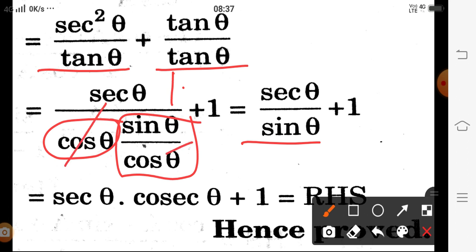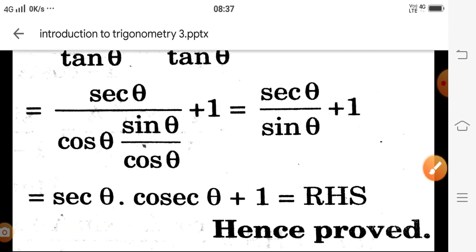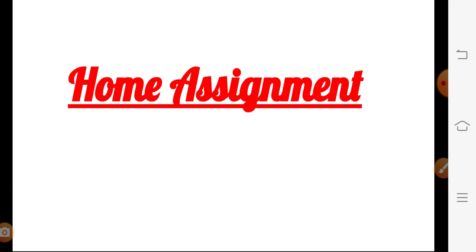Then cos will get cancelled out, and we are getting sec theta upon sin theta plus 1. And 1 upon sin theta is cosec theta. For this reason we are getting sec theta into cosec theta plus 1 as the right hand side of the equation. Then here also left hand side is equal to right hand side, hence proved.